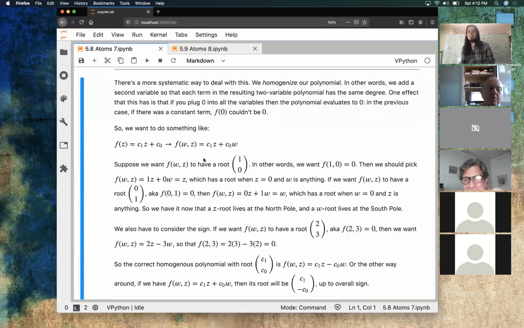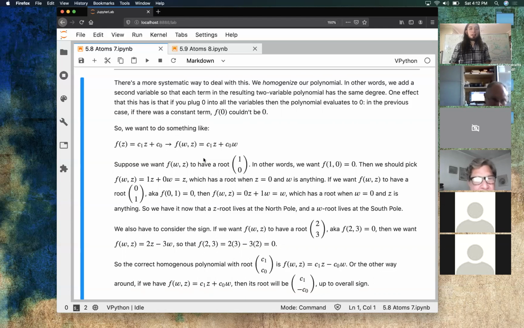So the more systematic way of dealing with these roots at infinity is, instead of working with a single variable polynomial, to work with a 2-variable polynomial. Specifically, if we had a single variable one, we would homogenize it. In other words, we would add another variable w, and we would make sure that the degree of each term is the same.